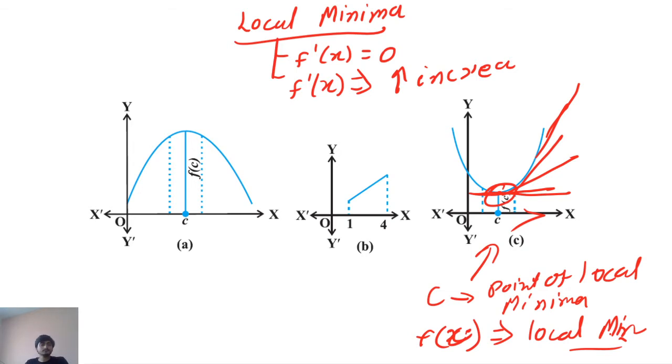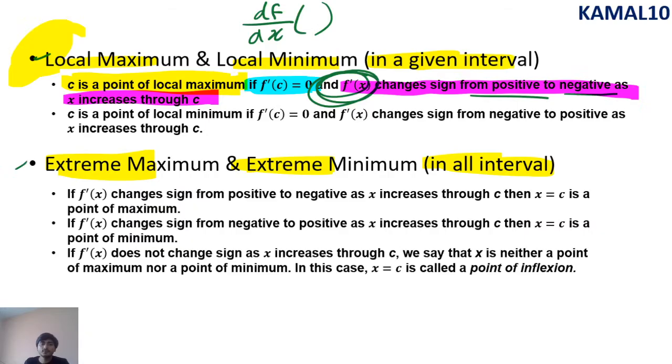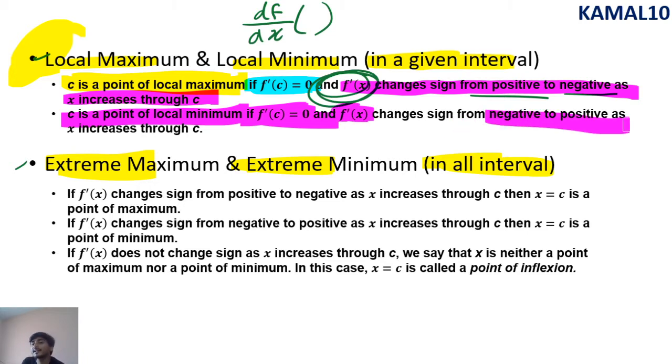Yes. Okay, next thing, now see, we'll again have a look at the second definition. C is a point of local minimum if again f dash of c is equal to 0 and f dash of x changes sign from negative to positive as x increases through c.